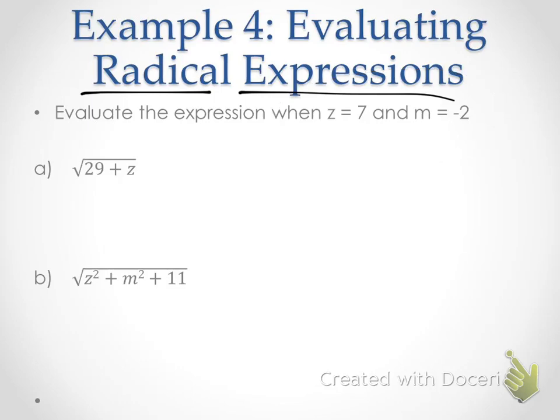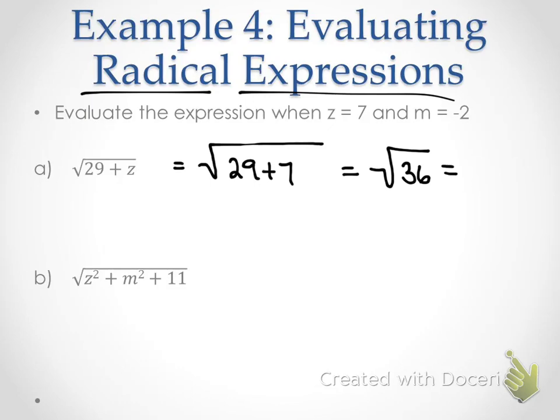Okay, so what I'm going to do is substitute the value for the variable, and then evaluate. So now I have 29 plus 7, so that's going to be the square root of 36. Do you see where I got 36 from? What's 29 plus 7? It's 36. And then what's the square root of 36? It's 6, and that's my answer.